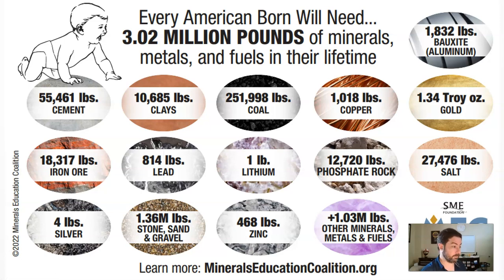That's how we make steel, cars, and so on. Lead, lithium in batteries. Salt, not only for eating, but for a number of other processes. They're using water softeners. Maybe you have a pool and use chlorine. Derivations of salt are used in that.